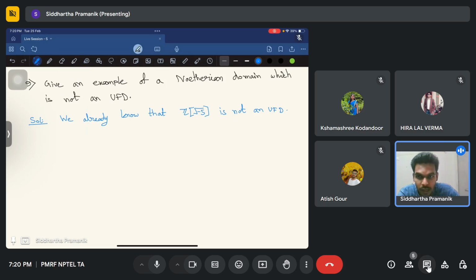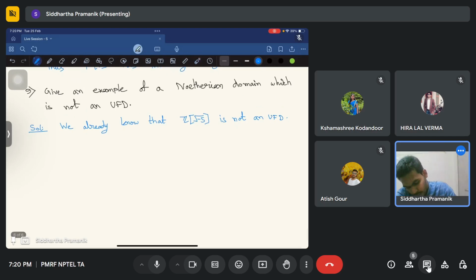But is this a Noetherian ring? This is a domain, that is clear, because it is a subring of an integral domain. But can you prove that it is Noetherian? Yeah, anyone?